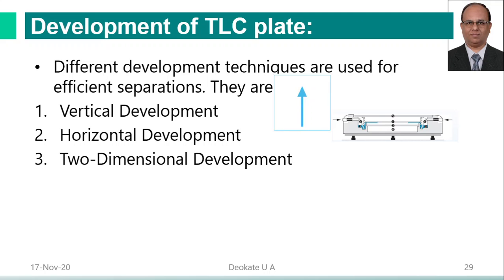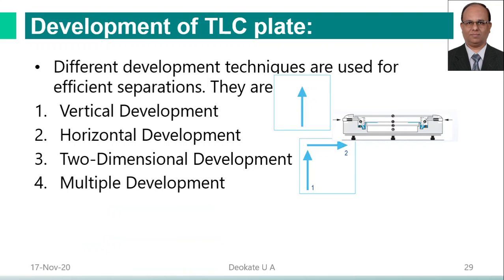The third one is two-dimensional development. Many times complex mixtures cannot be separated by a single development. So we need to develop it twice. Once it is developed, it is rotated by a 90-degree angle, and a second development is done so that the complex mixture can be separated easily.